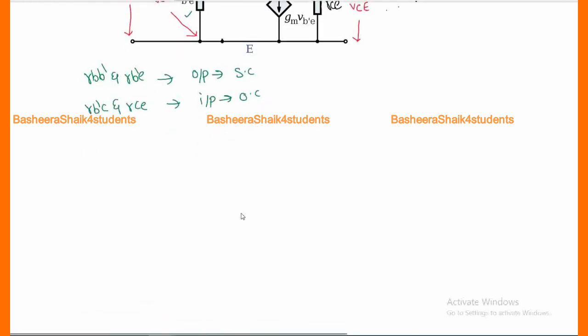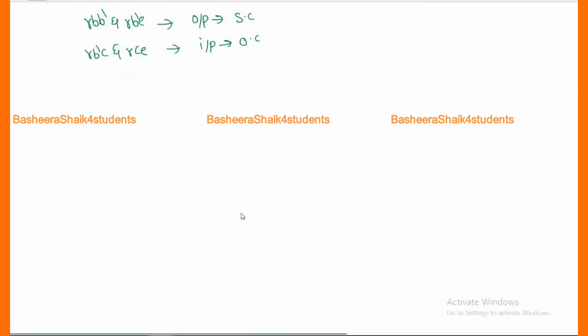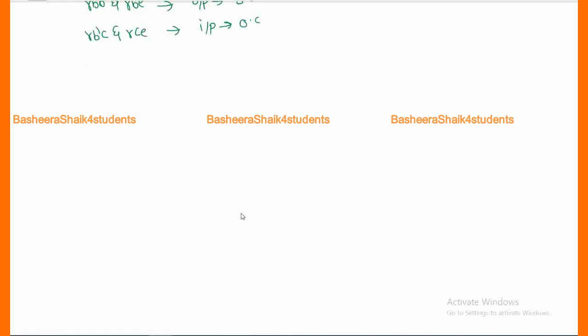Let's move to derive. The first one is rb'e. To derive this one, we are making VCE equal to 0.